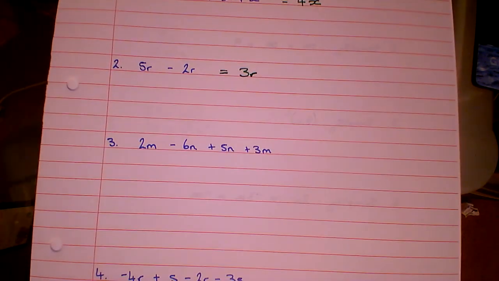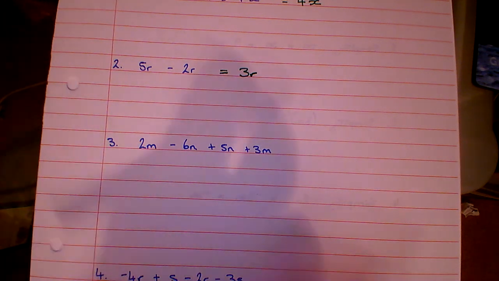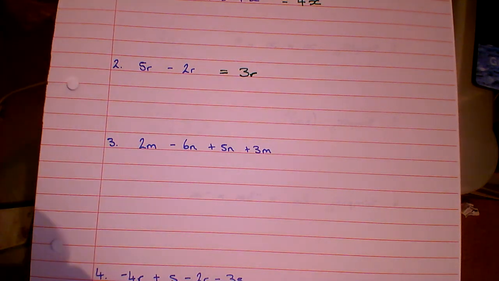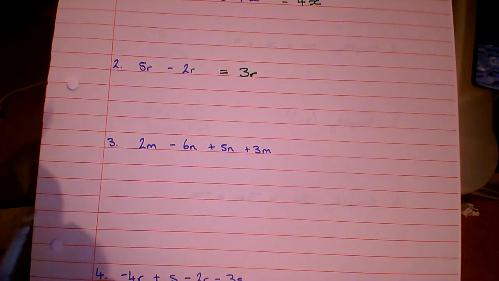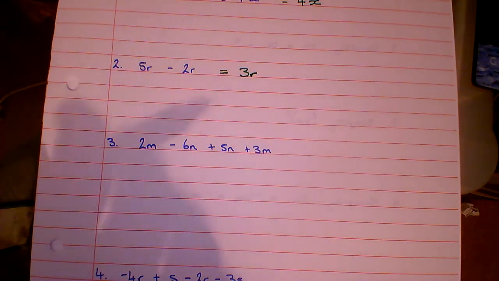Now we move on to something slightly different, slightly trickier. We've got a few things here. What I'm going to do is gather the like terms. I'm going to collect the like terms here. This is what we mean by collecting like terms when we see something like this.